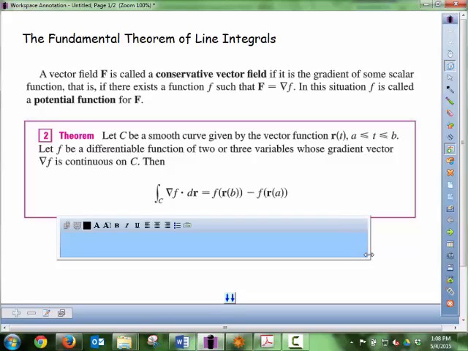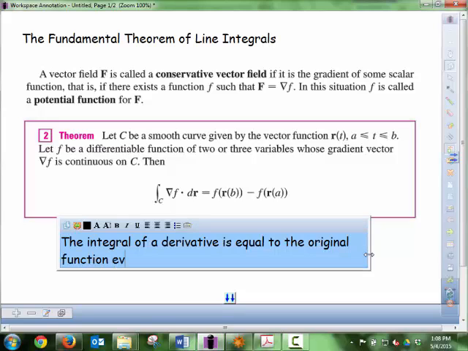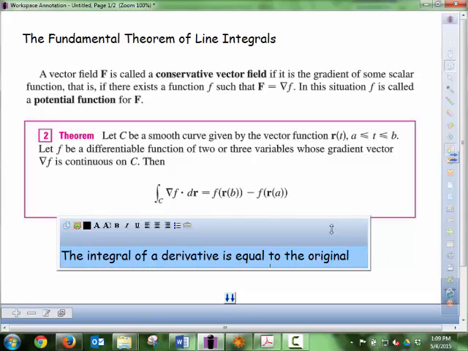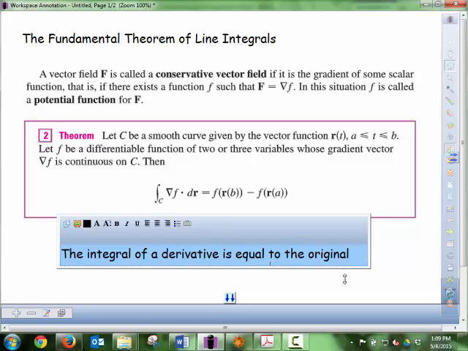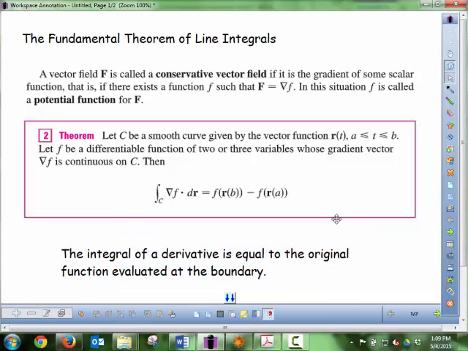I said the integral of a derivative is equal to the original function evaluated at the boundary. Still the same, right? Essentially saying the same thing, because the endpoints turn out to be the boundary of a curve.